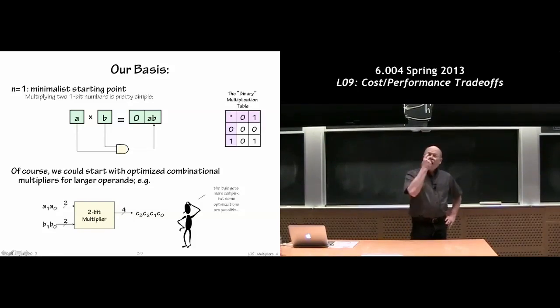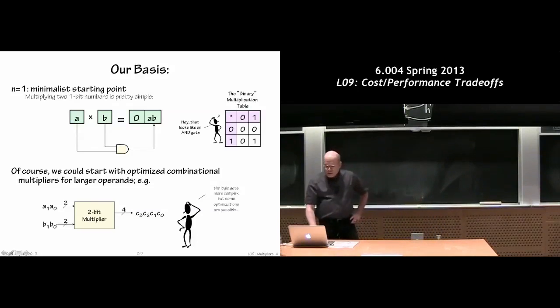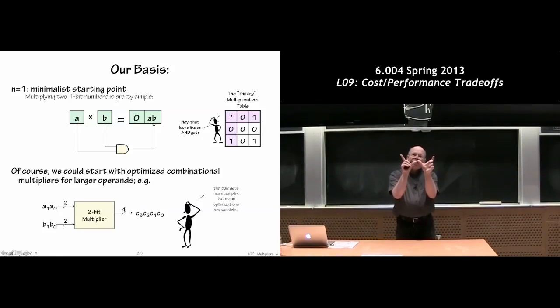So it turns out that doing a 1-by-1 multiply is not terribly complicated in the world of binary arithmetic. We can implement the multiplication using a single AND gate. And in this case, we only get a 1-bit result, but in general, when you multiply 2 operands of a certain size, you produce a result which is twice the size.